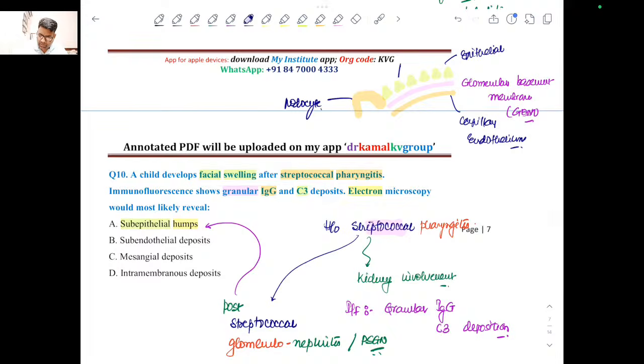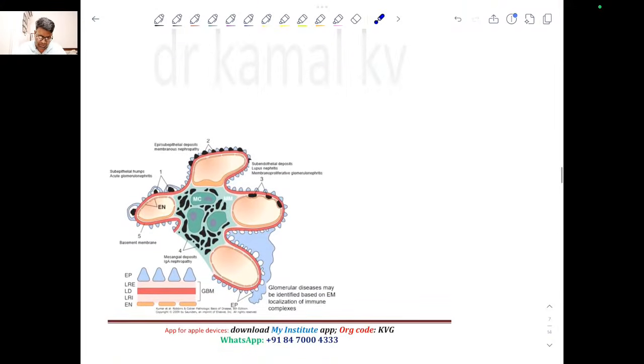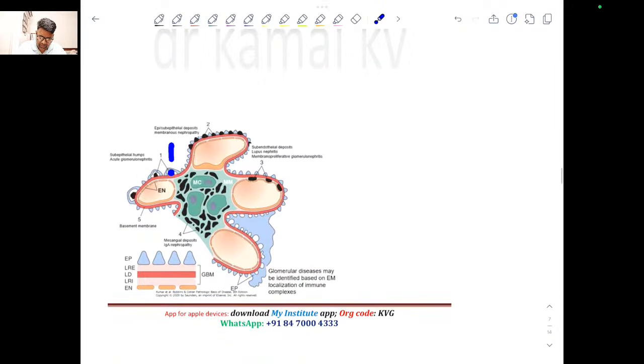These are actually foot processes. Clear? So just look at the classical term, subendothelial or subepithelial humps. Here the immune complexes are deposited, and that gives you a classical picture for PSGN, right. This is how you can see the subepithelial humps of PSGN.